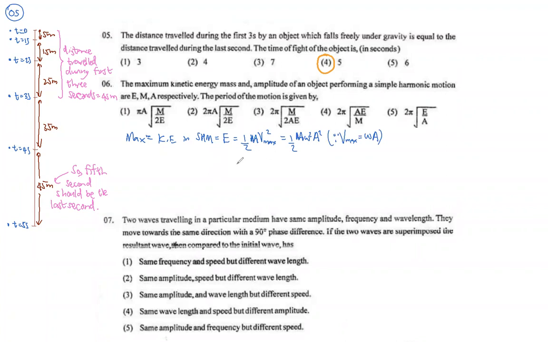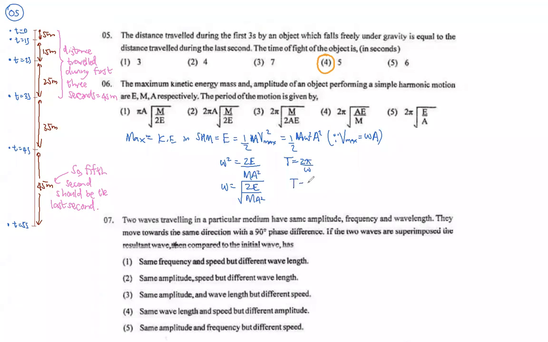Now, first let's find omega. You can see omega squared there. Omega squared is going to be equal to 2E over M A squared. Why am I finding omega squared? Because then I will know omega, the square root of 2E over M A squared. The period of oscillation of an object performing simple harmonic motion is given by 2 pi over omega.